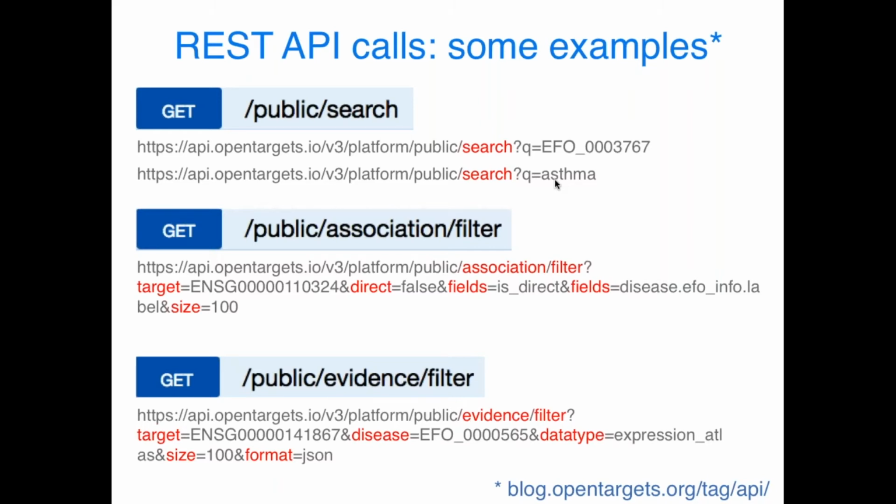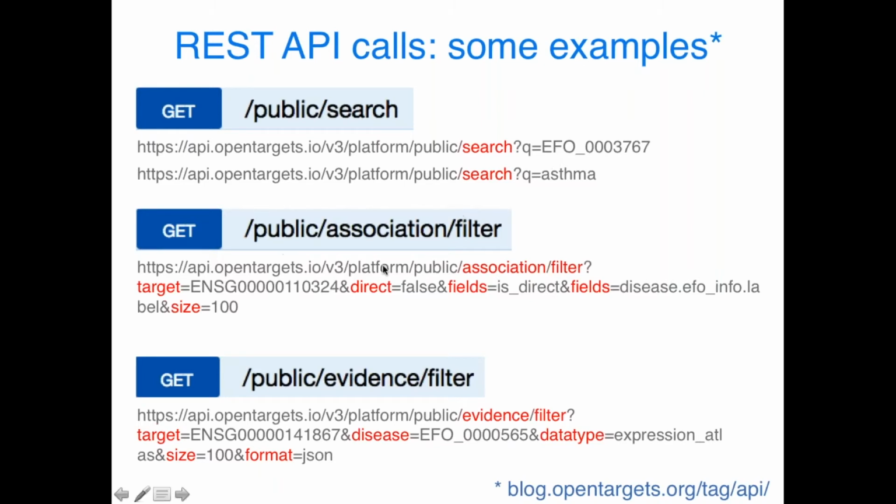You just type in asthma or any other disease, or a gene name that you are interested in, or different gene names as well. For example, DMD or SOX3, BRCA2, and then we will return the Ensembl gene ID for that HGNC symbol, such as BRCA2.